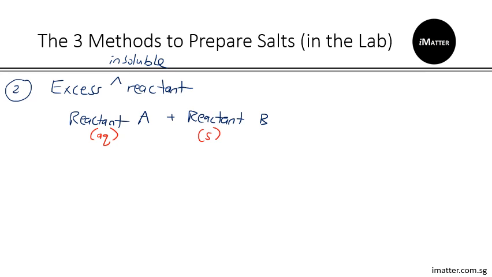So I use the state symbol of solid, and B is what I am going to add in excess. Remember, even if you add in excess, it will remain as a solid unless it can react with A. And of course, for your products, you get your salt plus other substances.